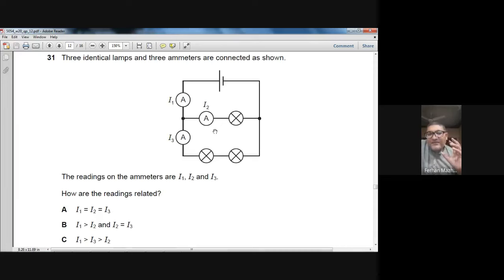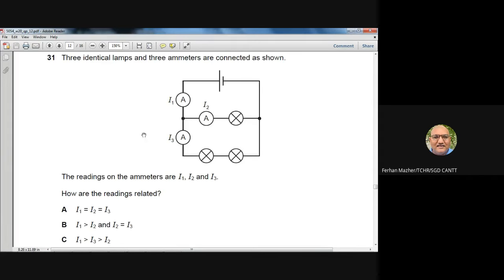So in the upper branch, where there's only one lamp, the amount of current will be larger because the resistance is smaller. In the lower branch, where you have 2 lamps, the resistance will be larger and the amount of current will be smaller as compared to the current in I2. And I1 will be equal to the sum of these 2 currents, I2 plus I3.